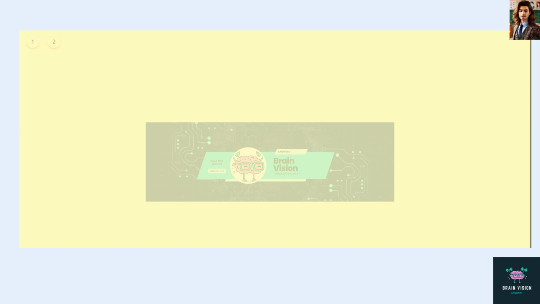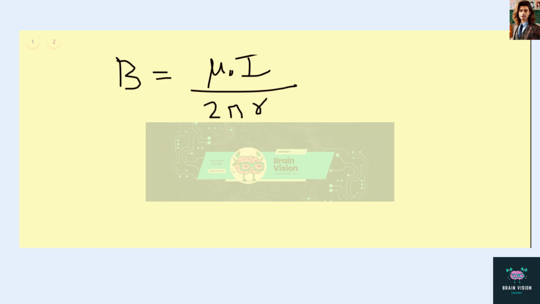So let's apply that formula here. So we have B equals mu naught I divided by 2 pi r. So we know what is mu naught.